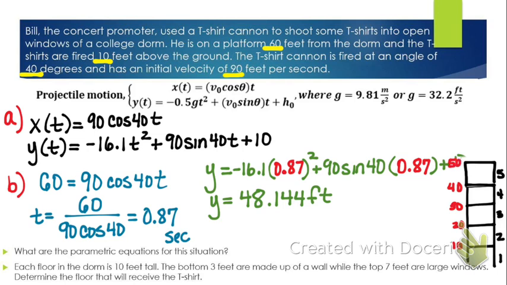So what floor is it going to reach? The 5th floor. Because if it's going to reach a height of 48 feet, that means it's going to go right up at about there, which is the 5th floor. So it says, determine the floor that will receive the t-shirt, and it's the 5th floor. That is your final answer.